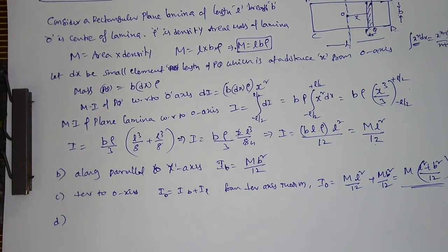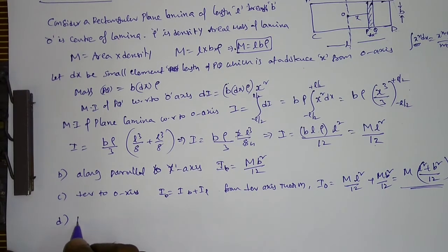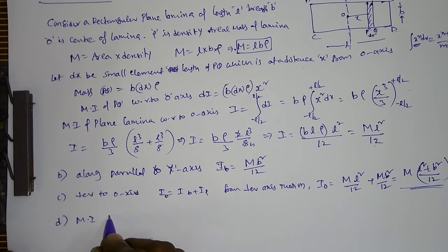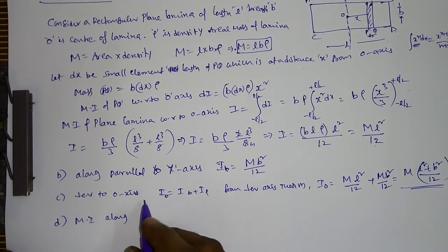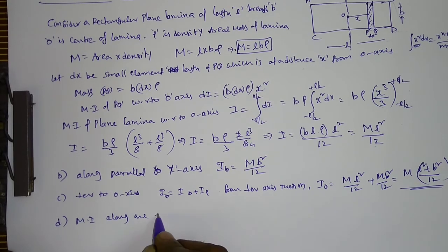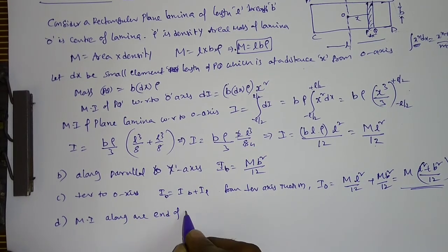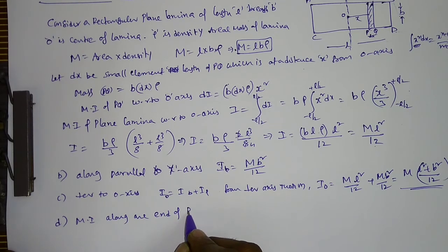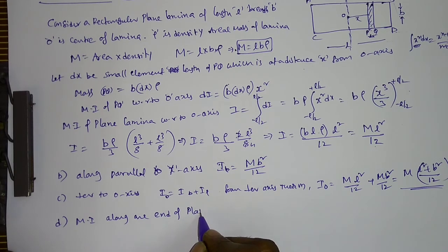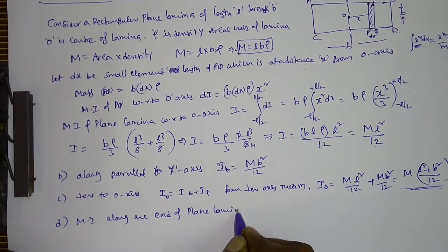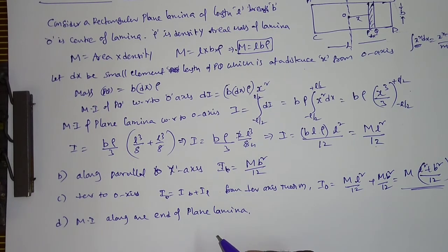Next, if it is the moment of inertia at one end of the plane lamina, that is the rectangular lamina, here you can use the parallel axis theorem.